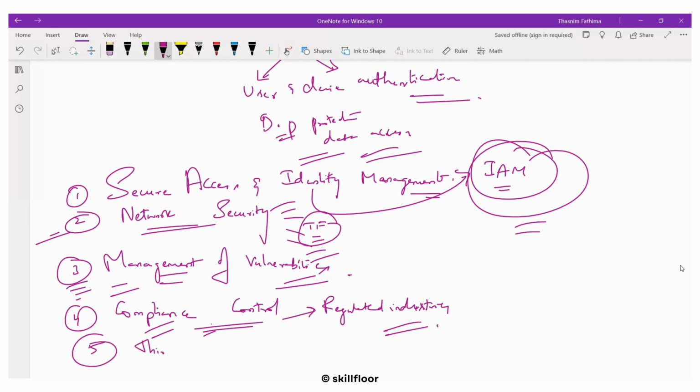And also there is third-party risk management. It's a type of risk management that is mainly focused on identifying and reducing the risks related to the use of third parties. As you know, we have plenty of third-party applications, right?